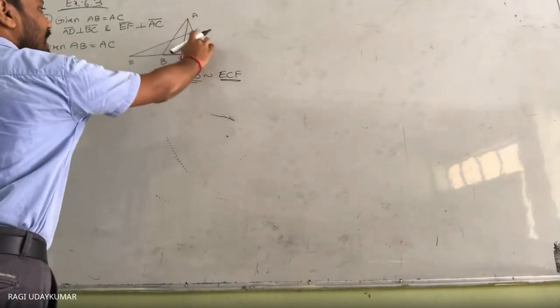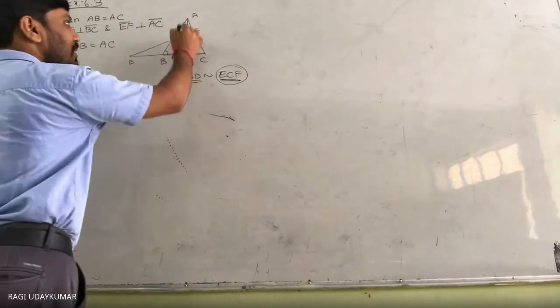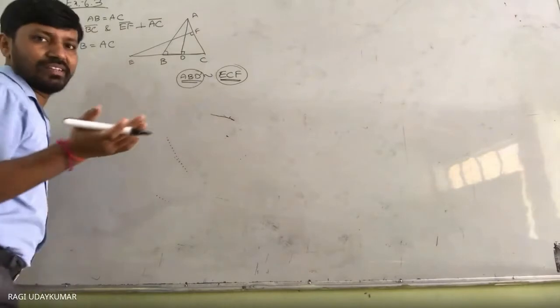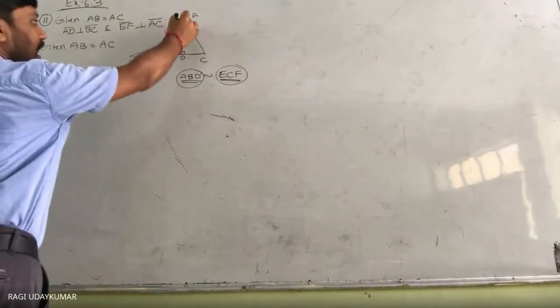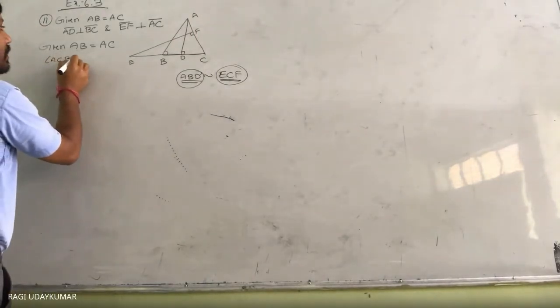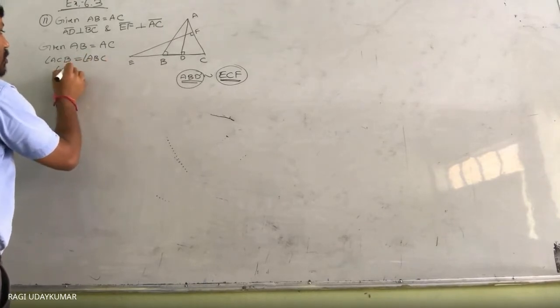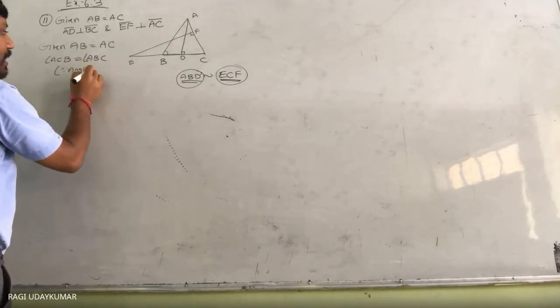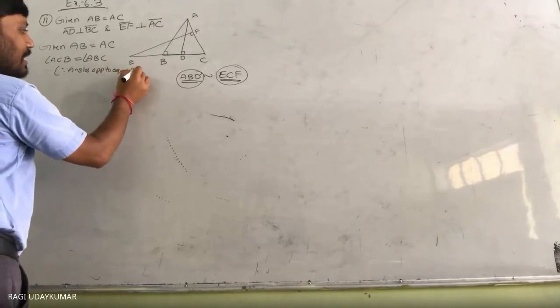AB's opposite angle ACB is equal to angle ABC. Angles opposite to equal sides.